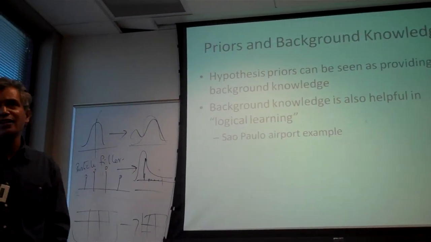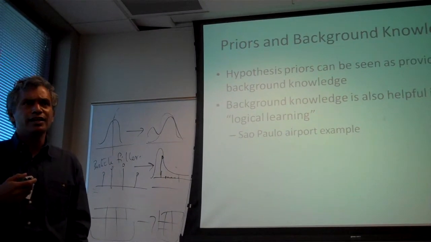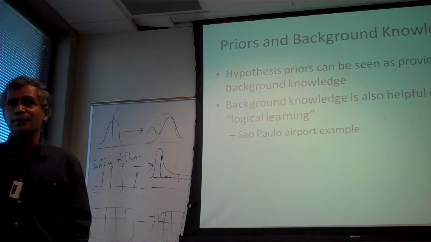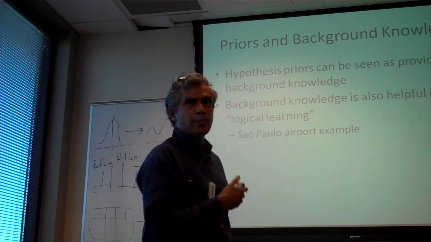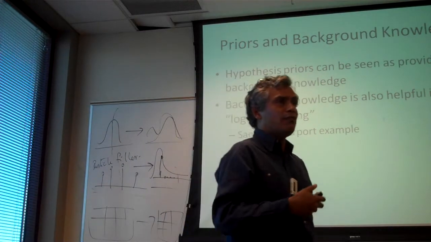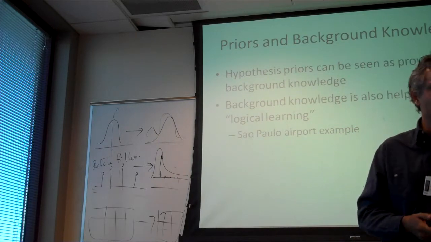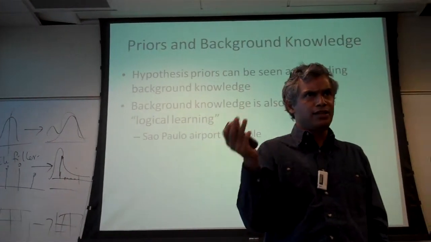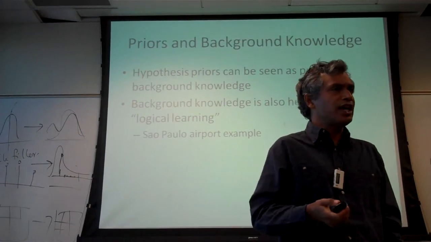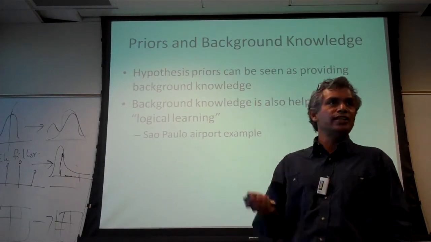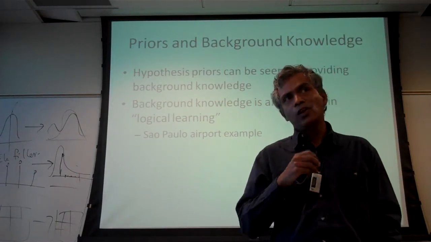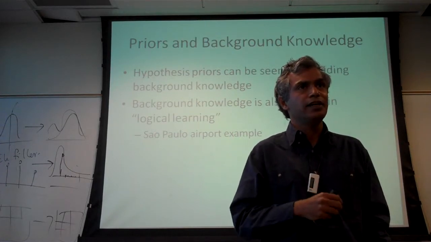This is my favorite example, and it's also in the textbook somewhere. The Sao Paulo airport example. You get down at Sao Paulo airport, and by the way, Sao Paulo is in Brazil. The first person you see is wearing a red shirt, green pants, yellow glasses, and is speaking Portuguese.